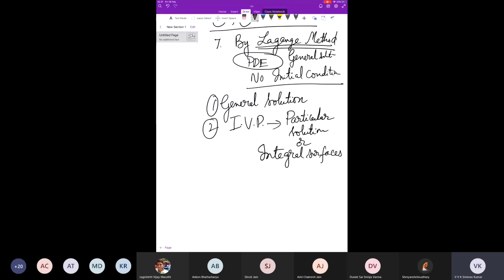The third variety is the general solution. If the initial value is not given, we call it the general solution. If the initial value is given, then we call it the integral surface.